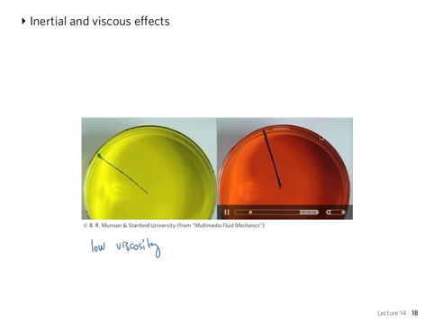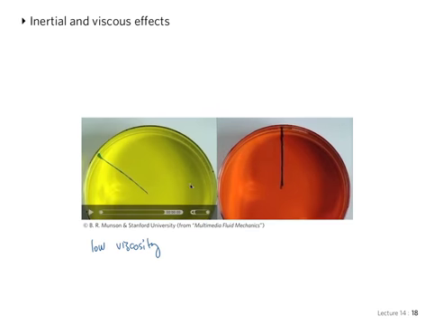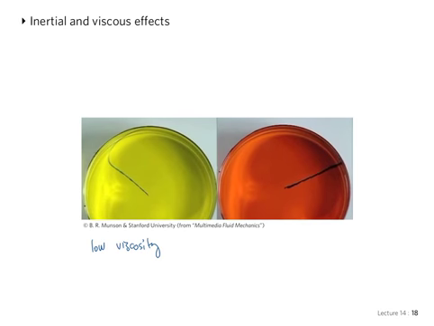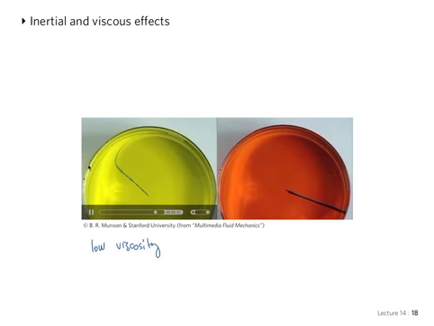Let's try that one. Okay, look at the yellow one first. That's low viscosity fluid, and as the container starts to rotate, only the layer closest to the container gets pulled with the container, and the layer of fluid in the middle is really not moving.